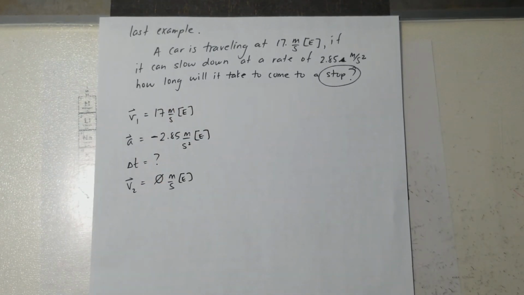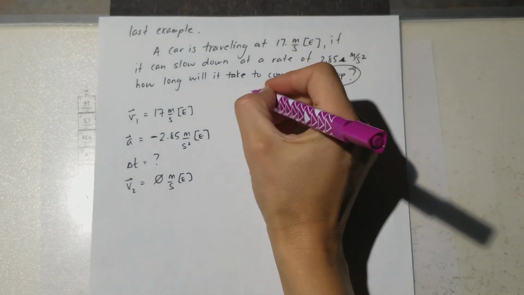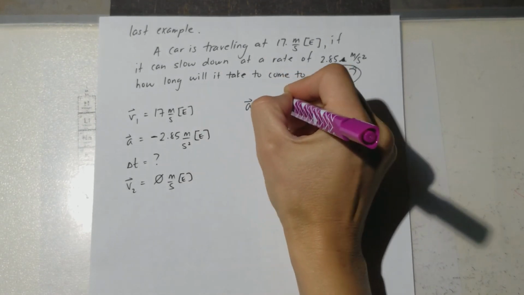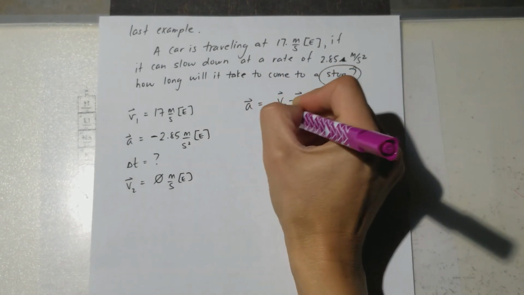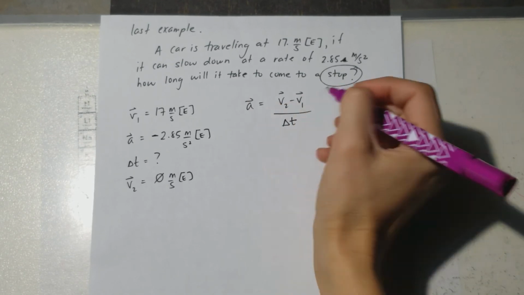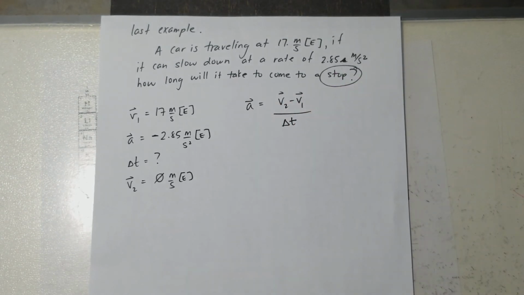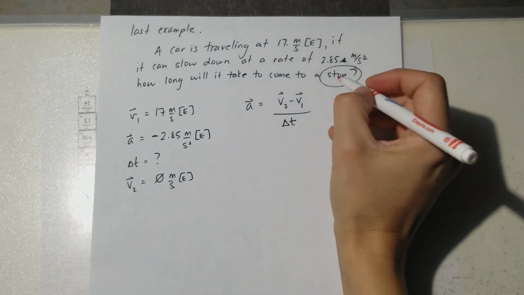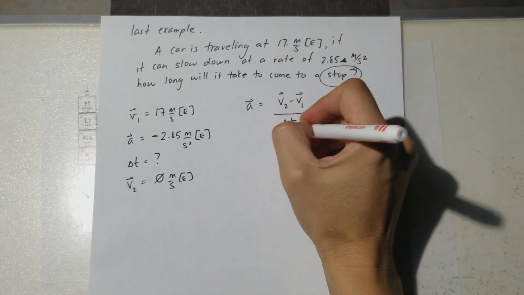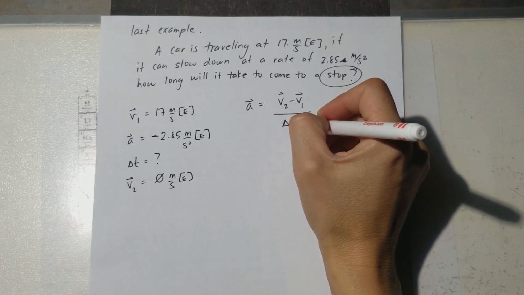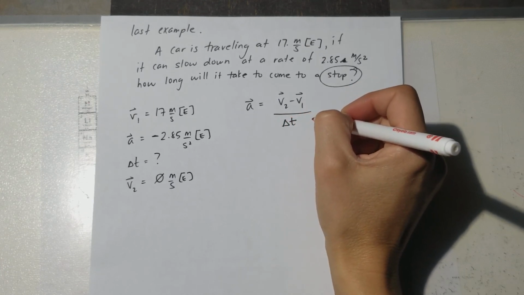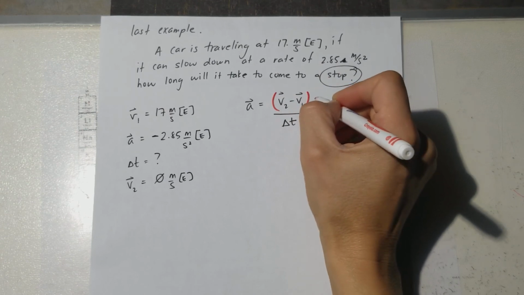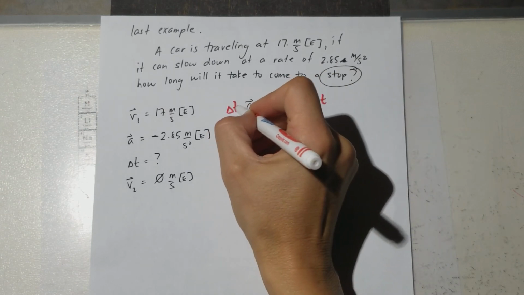All right. So our equation, I'm solving for time. I'm going to go acceleration equals V2 minus V1 all over delta t. All right, so how I like to do the question is to solve for time first. So we're going to rearrange this. And how I rearrange this is I want to get this denominator on its own. So the best thing is to first get it on the numerator. Okay, so what we're going to do there is multiply both sides by time.